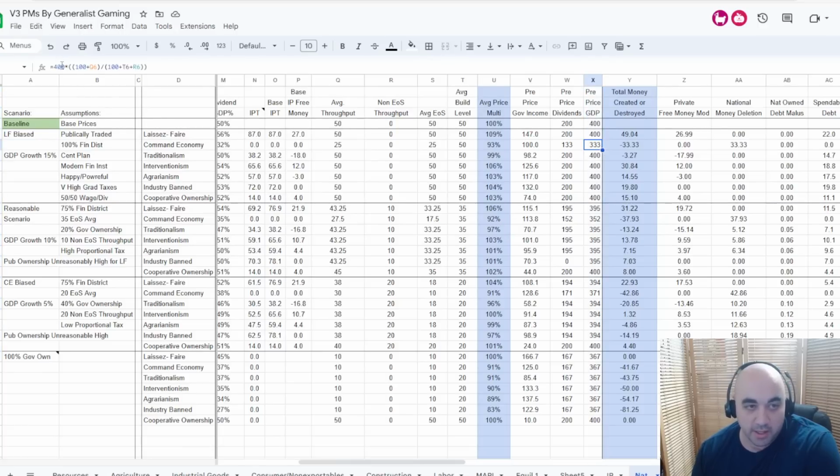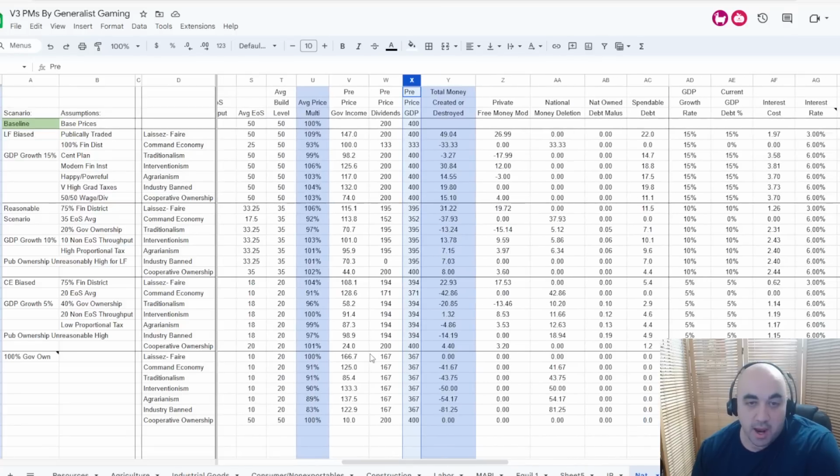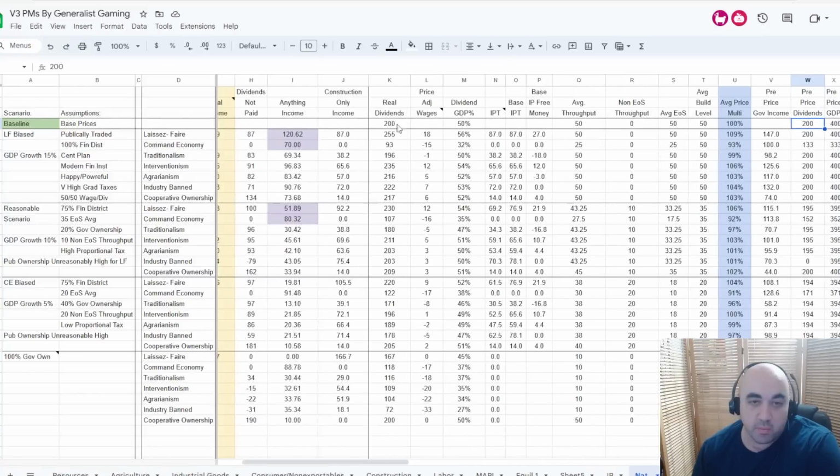We see a bunch of calculations in here. What this is doing is shrinking the economy according to the throughput in order to get a pre-price adjusted GDP before we have made any adjustments here. And from that, we are also assuming wages are constant, so we get pre-price dividends as well, which we will eventually manipulate past the prices in order to get real dividends.